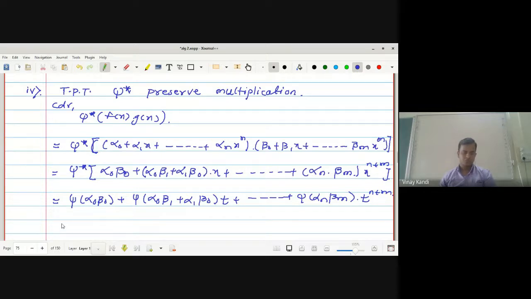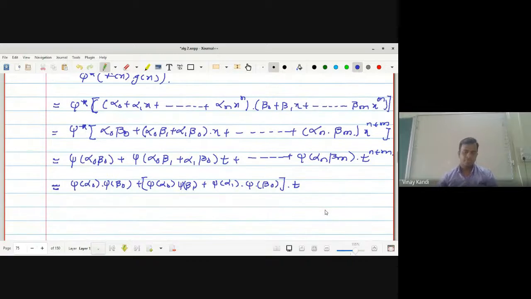So this is equal to psi of alpha naught, psi of beta naught, plus psi of alpha naught, psi of beta 1, plus psi of alpha 1 into psi of beta naught, into t, plus up to so on, psi of alpha n into psi of beta m into t raised to n plus m.